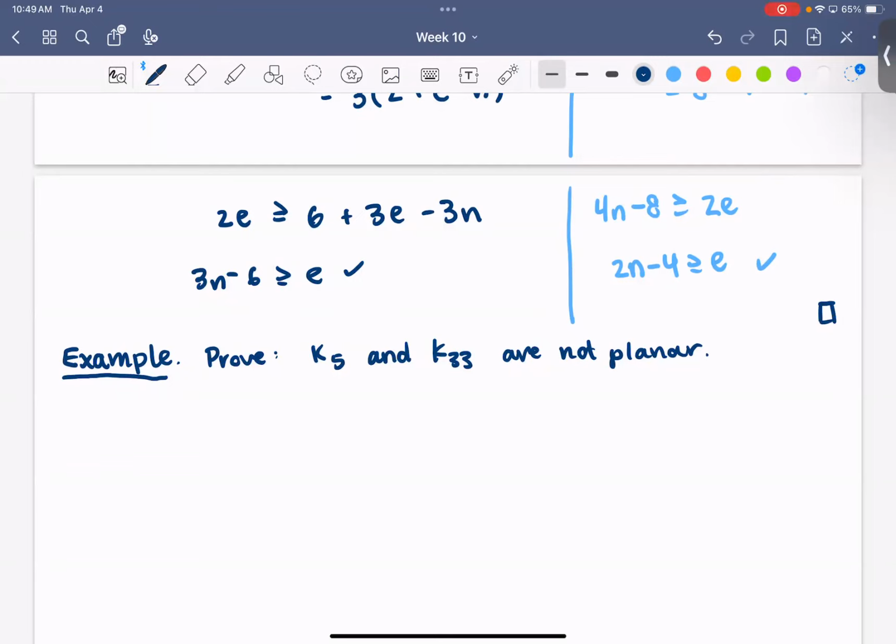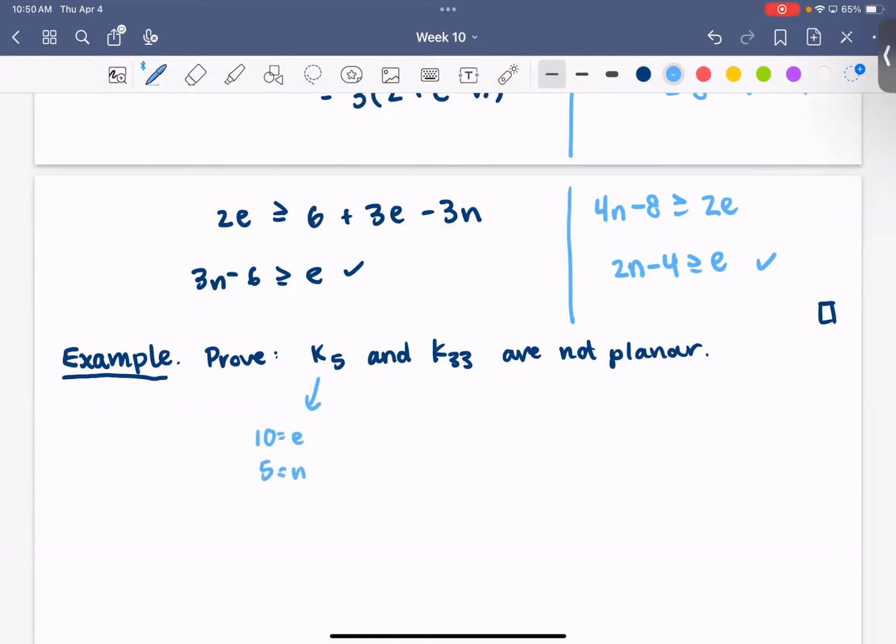Okay, so let's go ahead and prove this. So for K5, how many edges and vertices? Yeah, so we have 10 edges and 5 vertices.